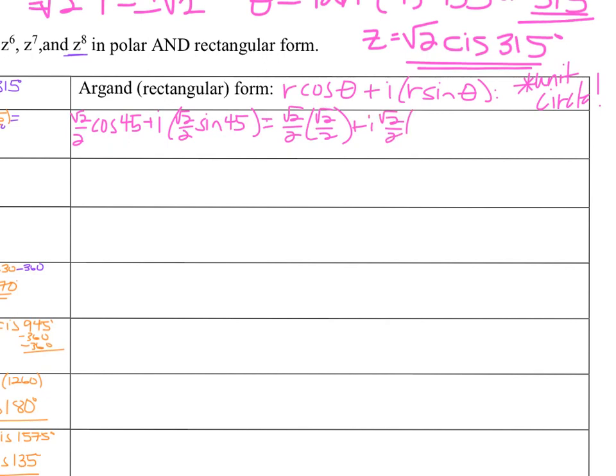So it looks kind of strange to start us off. And when we multiply the square root of 2 times itself on top, we get 2 over 4, plus square root of 2 times itself on the top is 2 over 4i. And that's going to simplify to 1/2 plus 1/2 i. That would be z to the negative 1 in rectangular form.